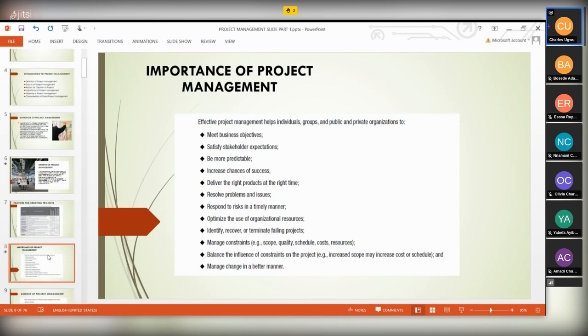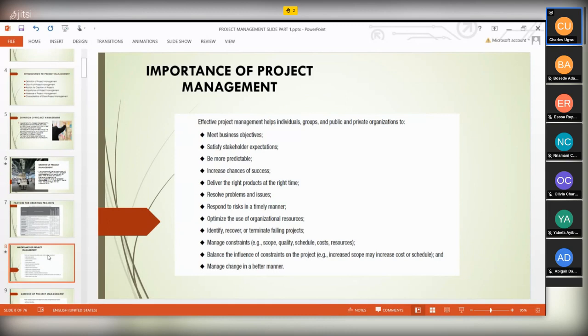People can easily go out of scope. If you don't manage stakeholders very well, they are most of the people that will drag you into scope creep. So when you are managing projects very well, applying all these principles like stakeholder management and risk management, there's no way you won't be able to manage your scope very well.